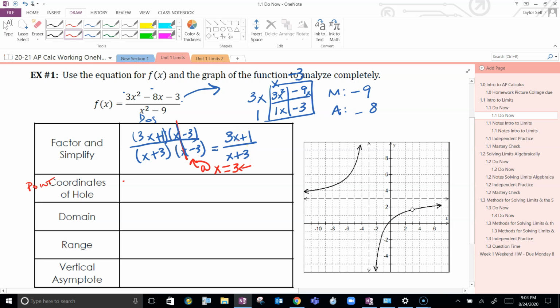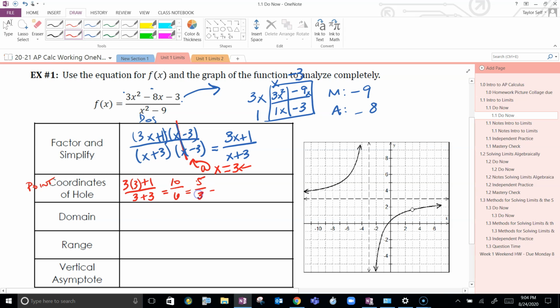So we're going to plug in 3's for x: 3 times 3 plus 1 over 3 plus 3 equals, that's going to give us 10 over 6, which equals 5 over 3.